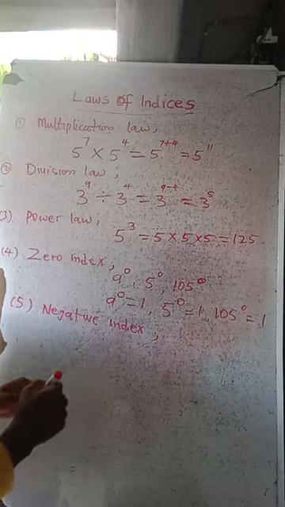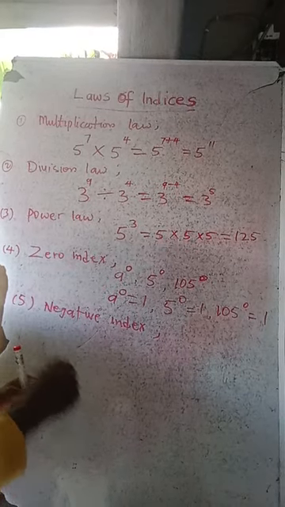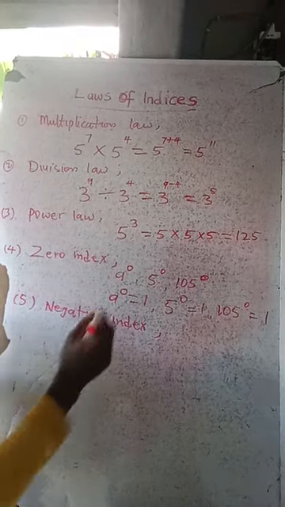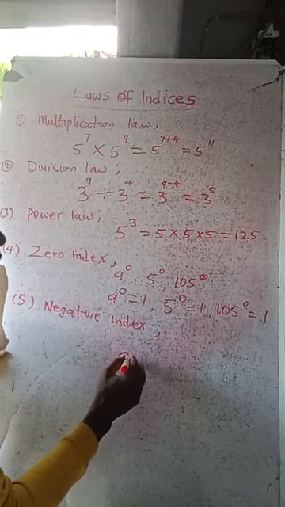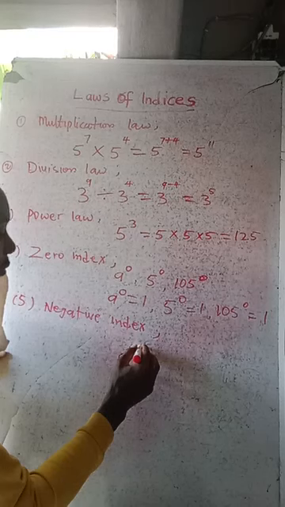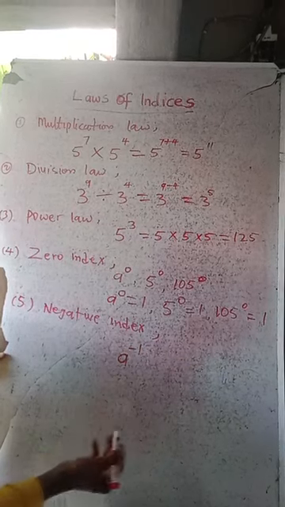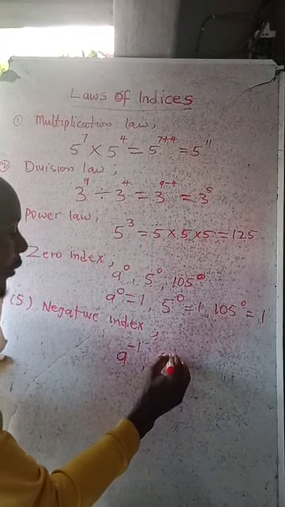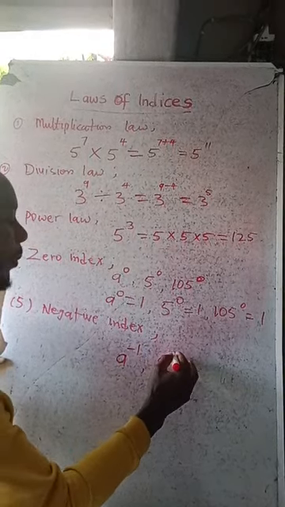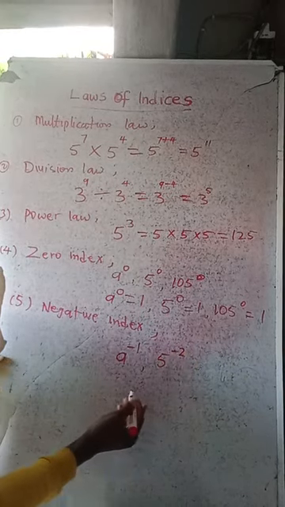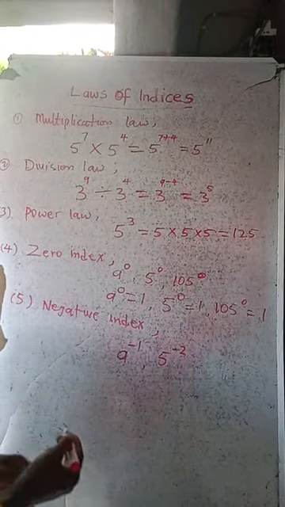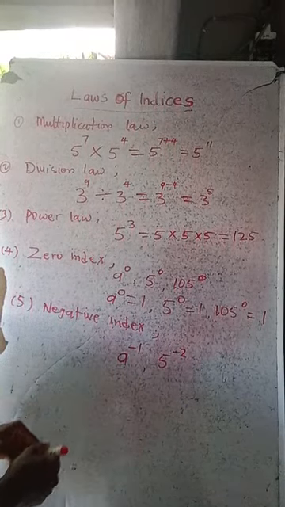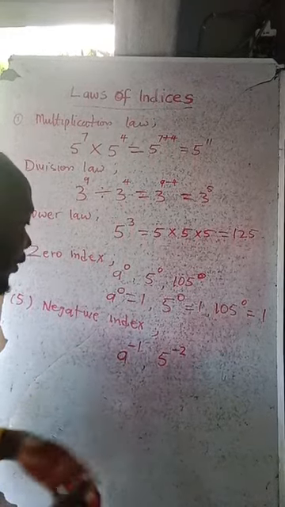So this means when the power is negative. For instance, if I have a raised to the power minus 1, or I have 5 raised to the power minus 2, if I have something like this, what this means is this.